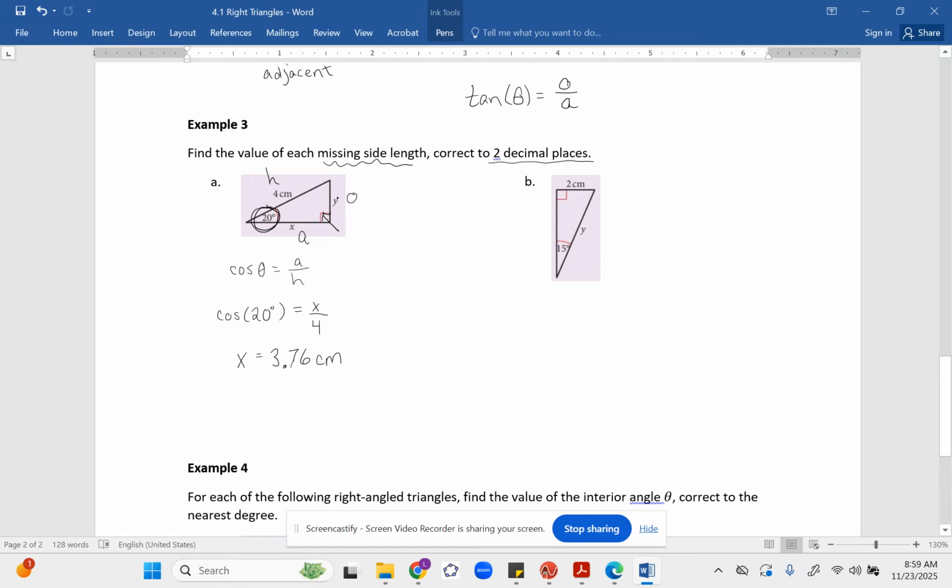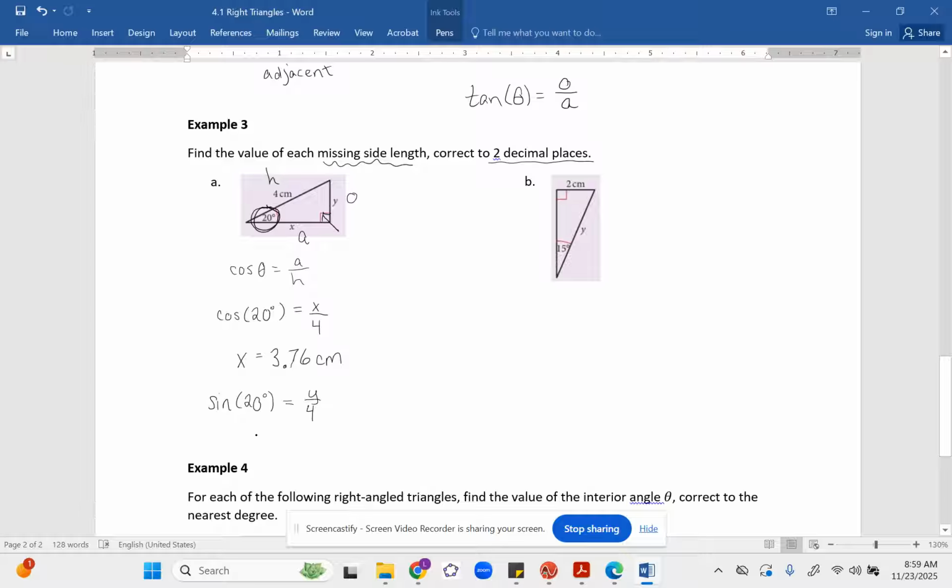And then the opposite is y. So what trig ratio uses opposite and hypotenuse? That would be your sine ratio. So I have sine of 20 degrees is equal to opposite over hypotenuse. Opposite over hypotenuse is y over 4.